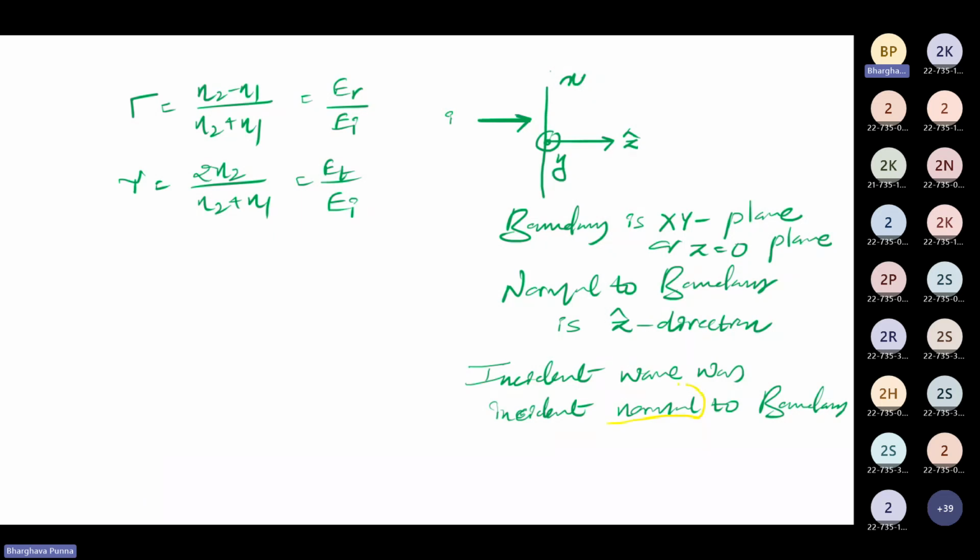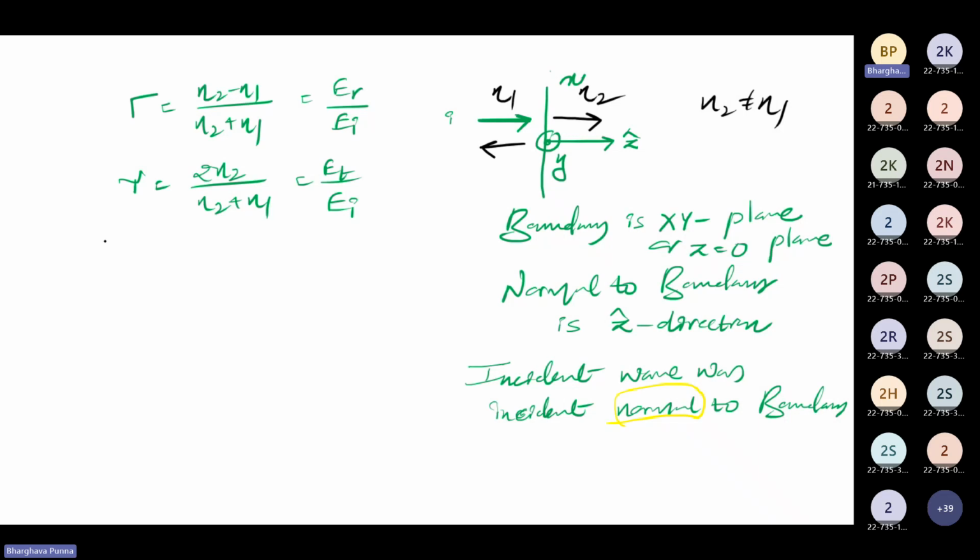That's why this is called normal incidence. Whatever the manner of incidence, if there is an impedance mismatch, surely there is a reflection. Impedance of medium 1 is eta 1, impedance of medium 2 is eta 2. Because of the impedance mismatch, eta 2 is not equal to eta 1. So only some part will be transmitted, and the remaining part is reflected. This is what we have observed.